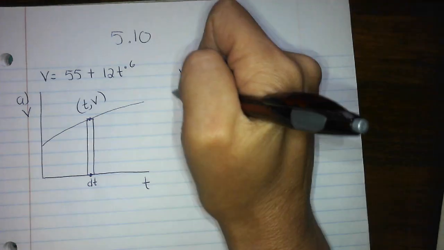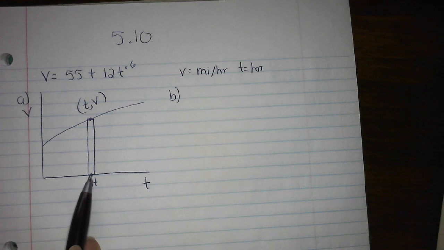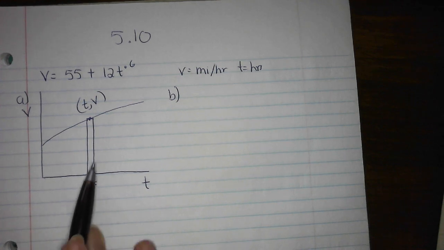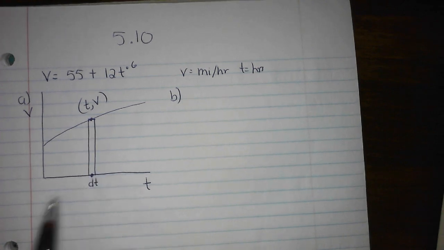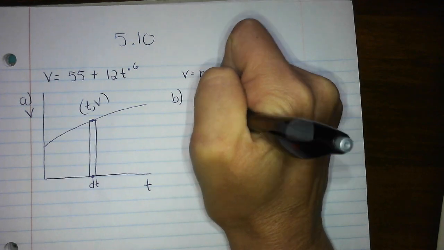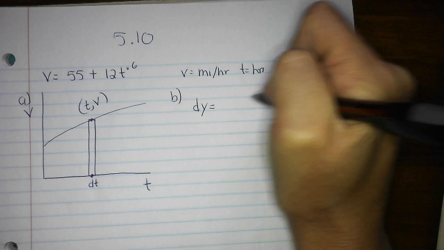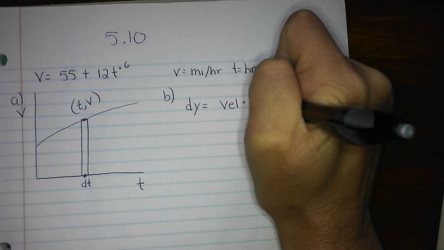Then part B explains that the distance you go in this interval is approximately equal to the value of v, so the height, times dt. Write an equation for dy, the number of miles you go in dt hours. So dy is equal to our velocity multiplied by time.